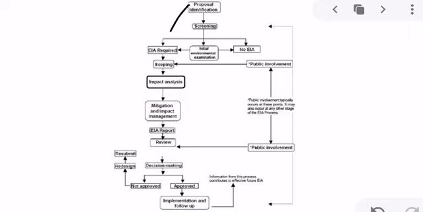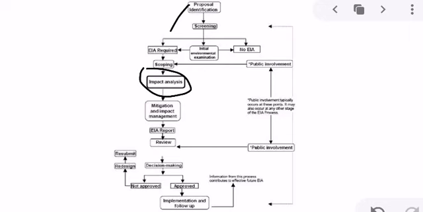The output of screening is initial environmental examination. So if EIA is required, we will do scoping, where major concerns and assessment methods are identified. Then we will do impact analysis, and after that mitigation and impact management, and then the EIA report.